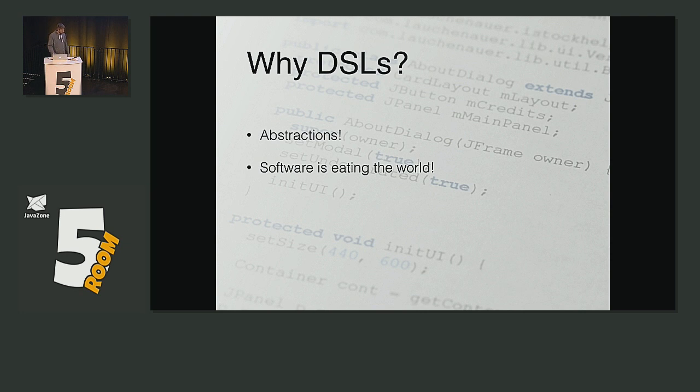And then the next thing is that if you consider that software is going everywhere in every industry, software becomes the most important asset, even in stuff like automotive and so on, then it's clear that there are many people who want to write the software or need to participate at least in the writing of software.